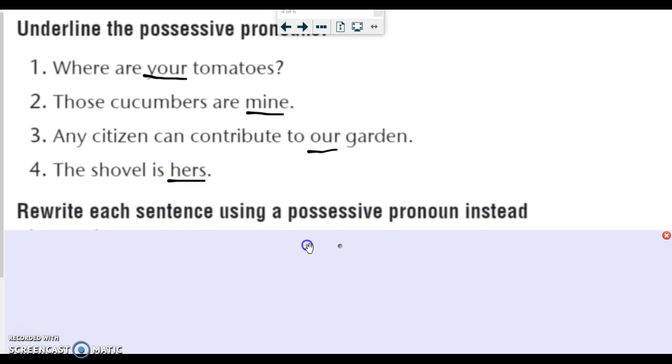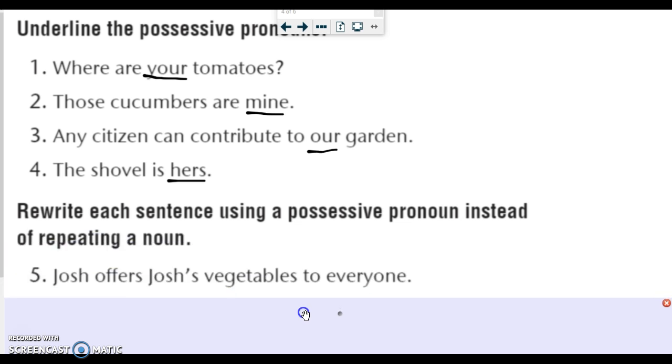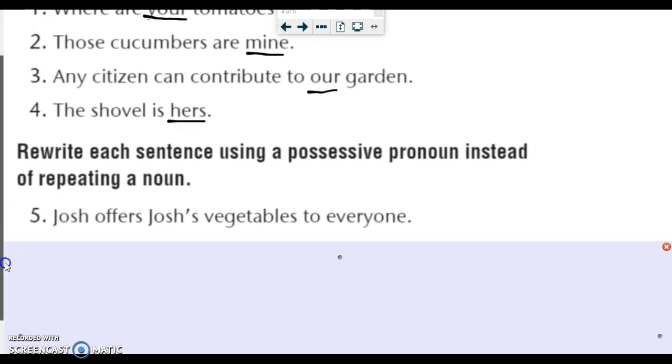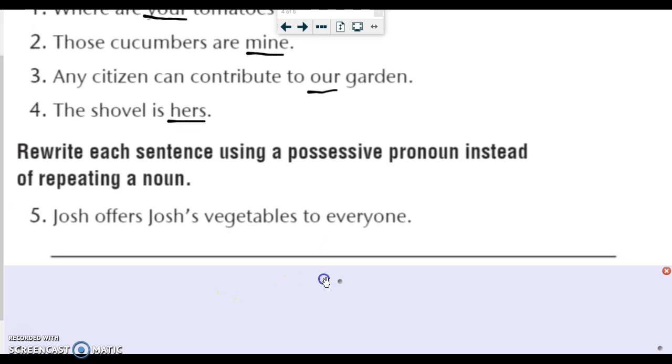Okay, so now we're going to rewrite each sentence using a possessive pronoun instead of a repeating noun. So we have Josh. Josh offers Josh's vegetables to everyone. It doesn't make much sense to use the name Josh twice in a sentence. So which one needs to go? Normally in the beginning of a sentence, we want to know who we're talking about.